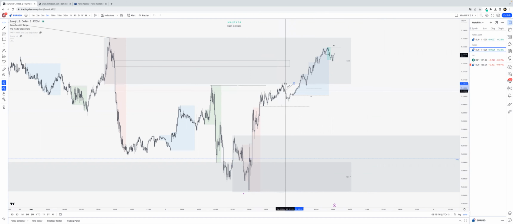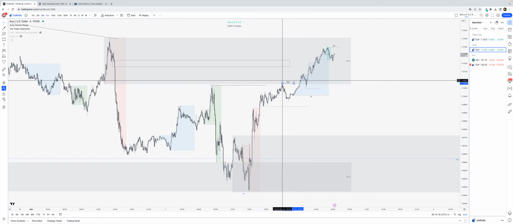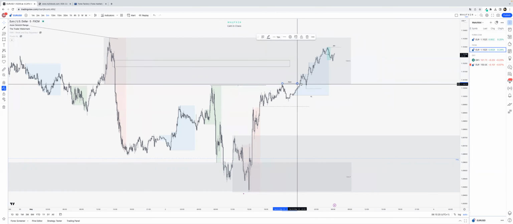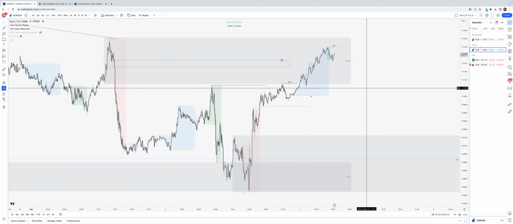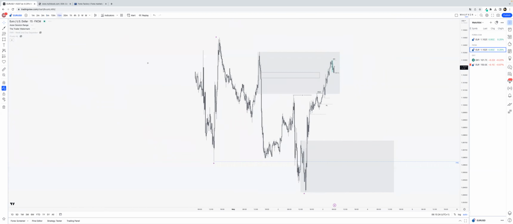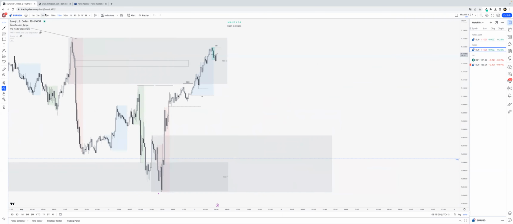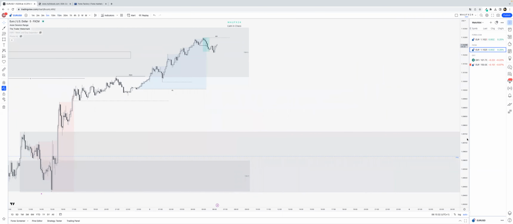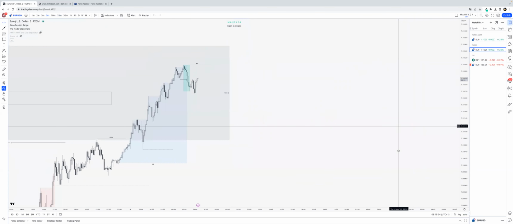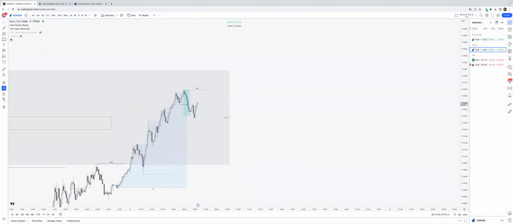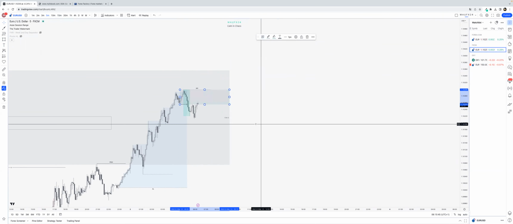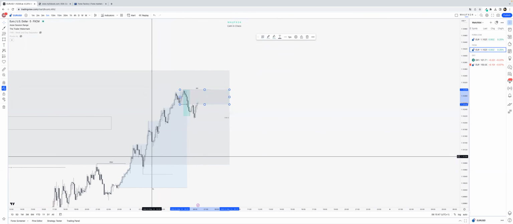So yeah, what we can do, which is a bit greedy maybe, but yeah, I'm gonna try it, is wait for a confirmation based entry inside this area. And if we get one, I might try to short it because we got some minor early sellers in here.